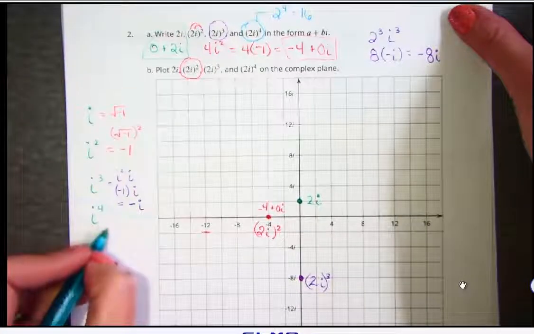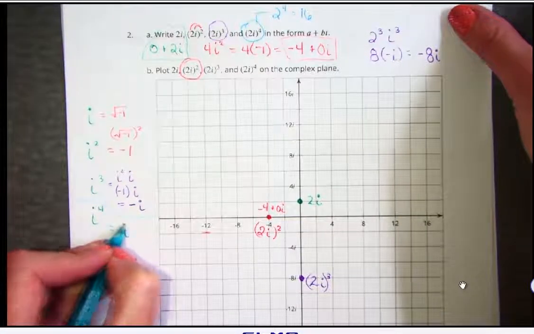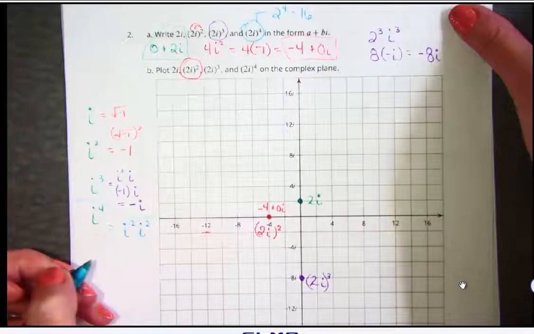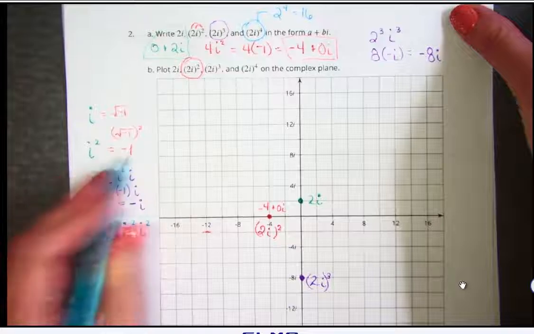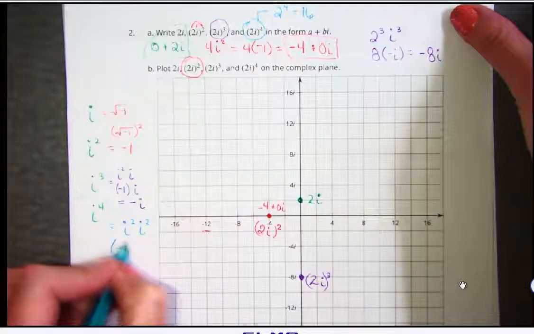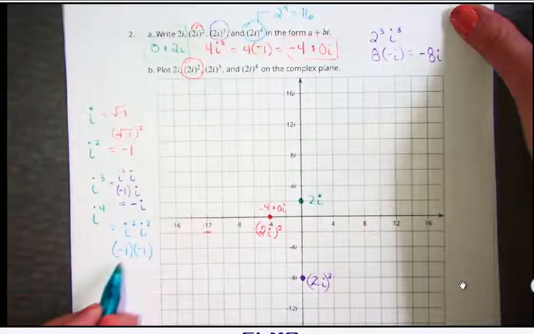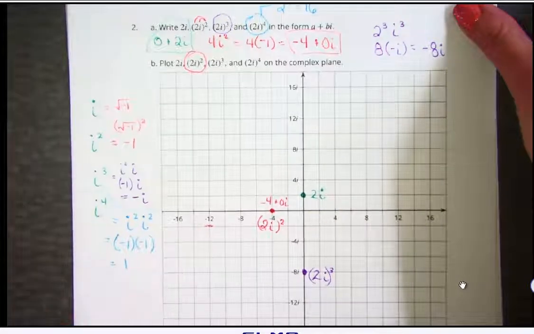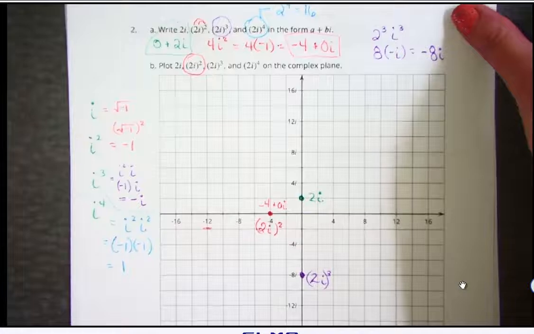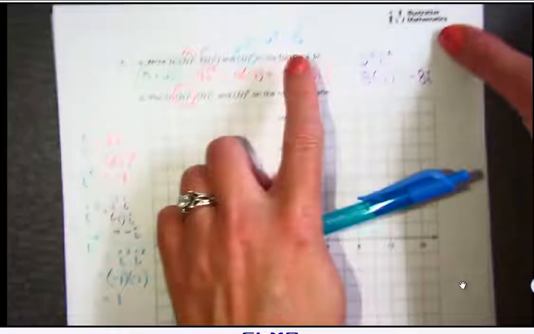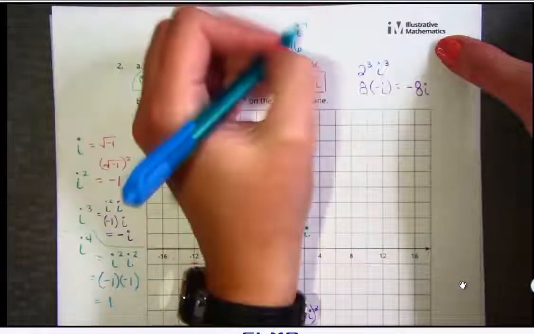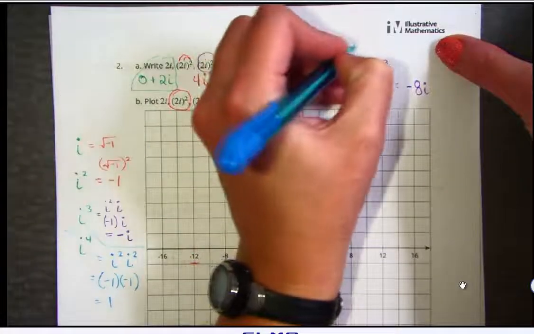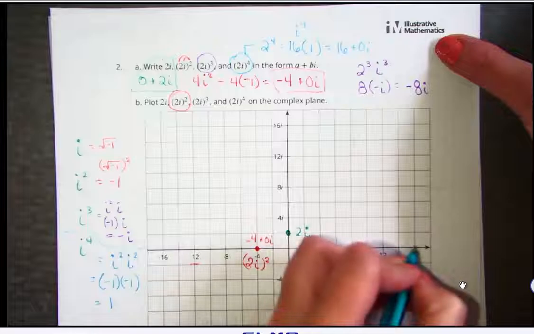Hopefully you're seeing that i to the fourth, I'm going to break it down into i squared times i squared. i squared is negative 1, and a negative 1 times a negative 1 is a positive 1. So I now have 16 times 1, which is just 16. Again, a very real number, no imaginary part.